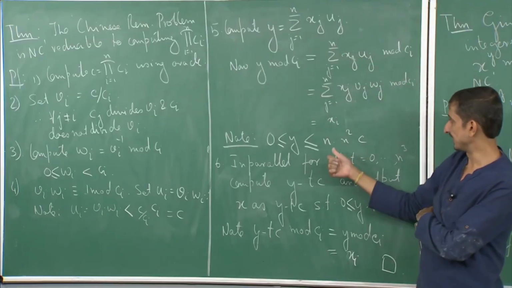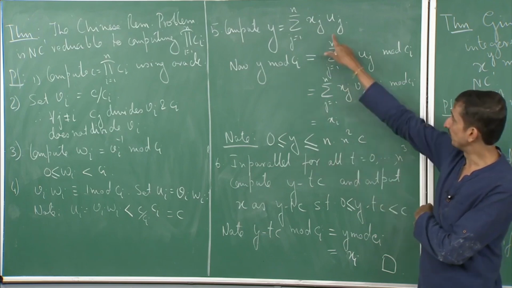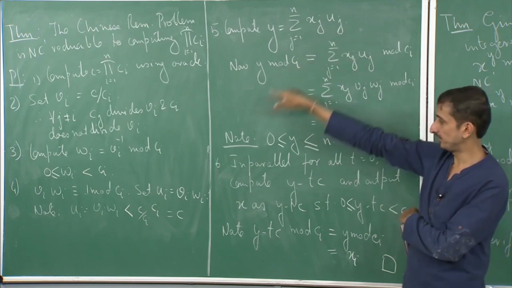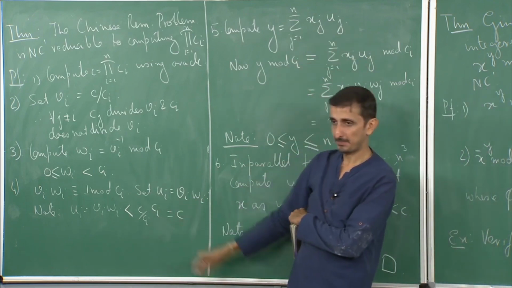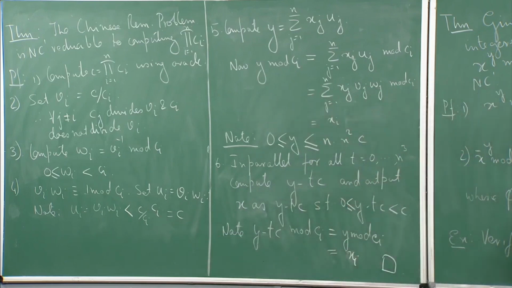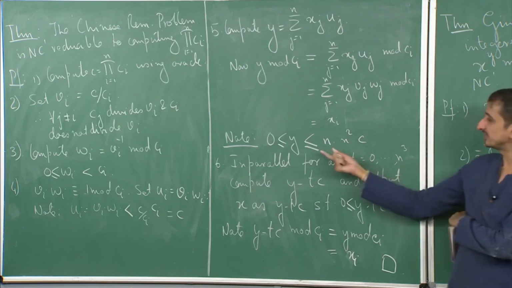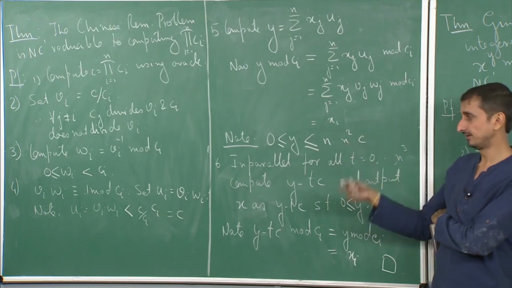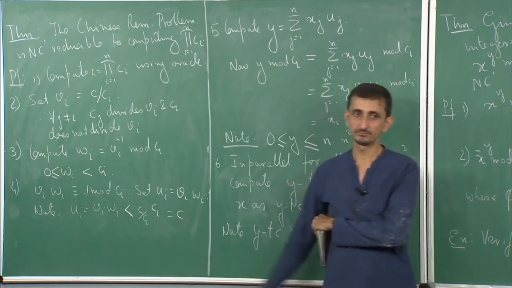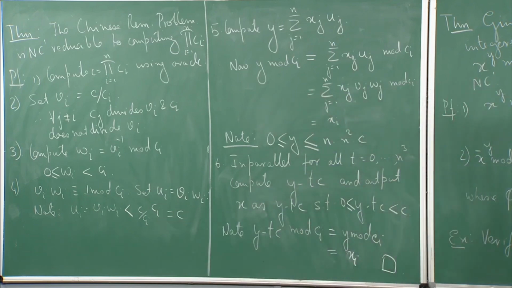So each xj is bounded by n square, therefore I have the n square. Now each uj, we have shown it is bounded by c. So therefore it is n cube times c. In fact, I can have n cube minus 1 because it is actually strictly bounded by n cube times c. This is a strict inequality, so it is strictly less than that. But it's okay.